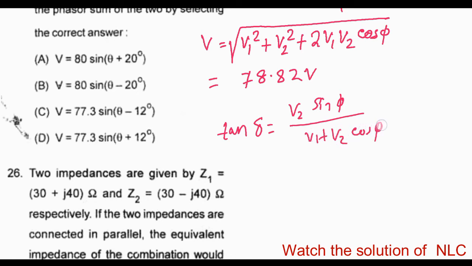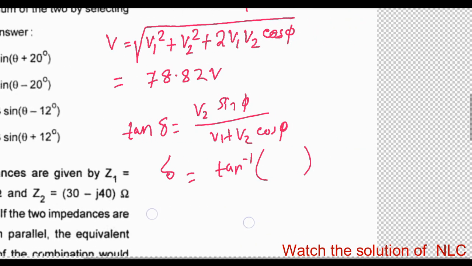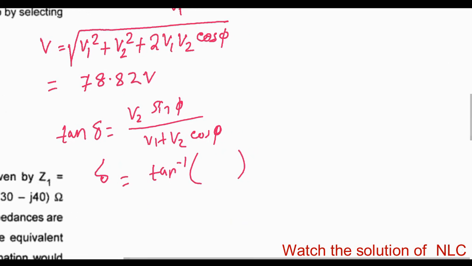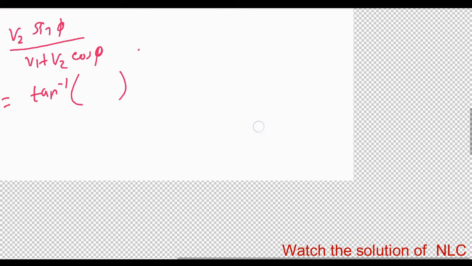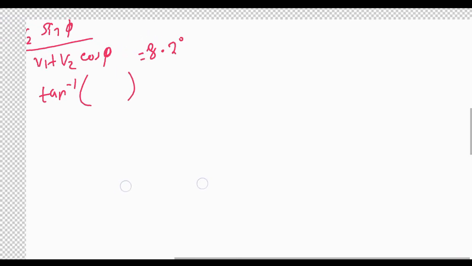This is the angle formula, and delta will be tan inverse of this term. So we are getting the angle to be around 8.2 degree.